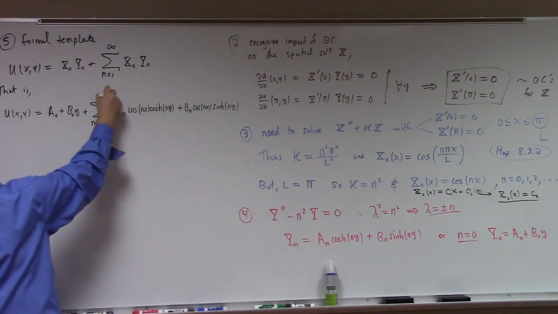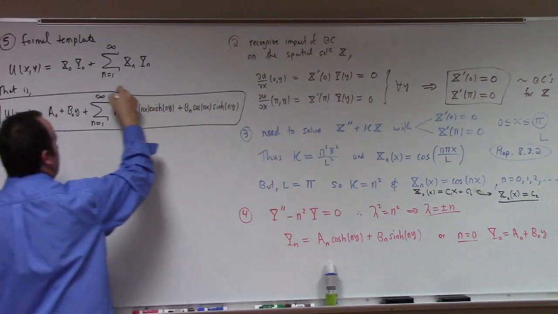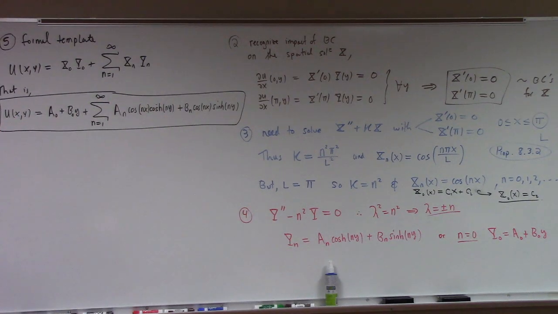And that is going to turn out to have all the flexibility we need to fit the initial conditions. In general, we'd use the Fourier technique here to fit the initial conditions.